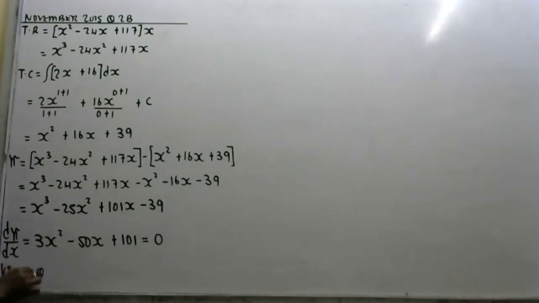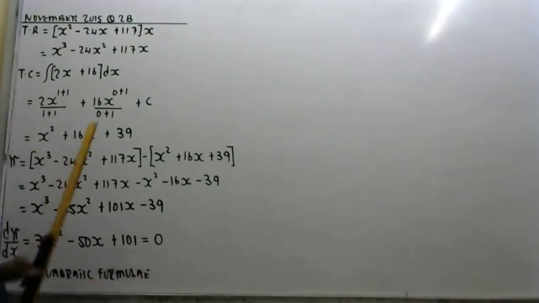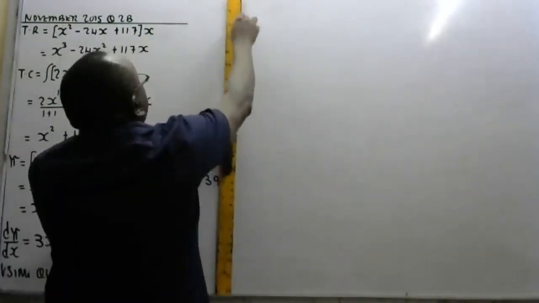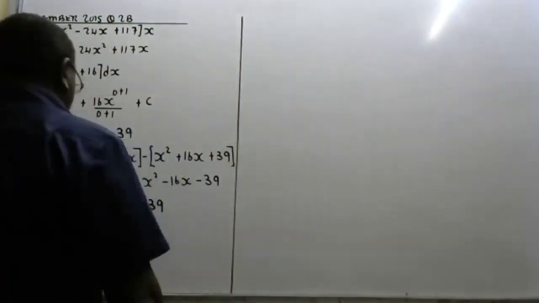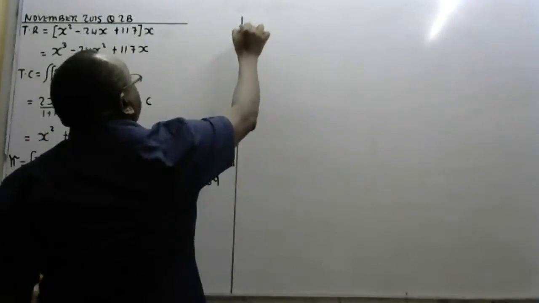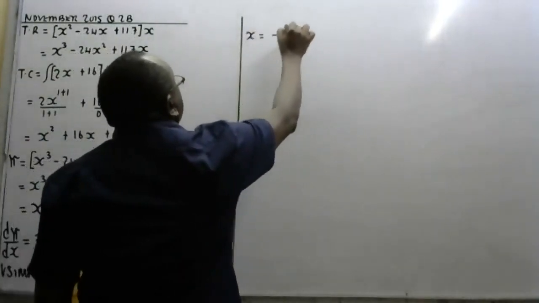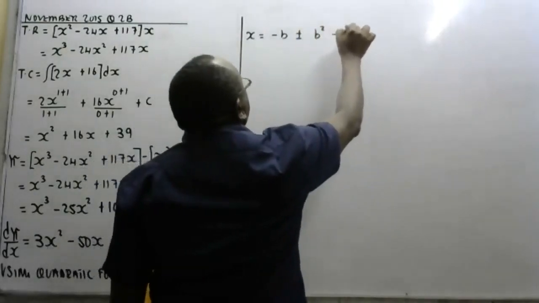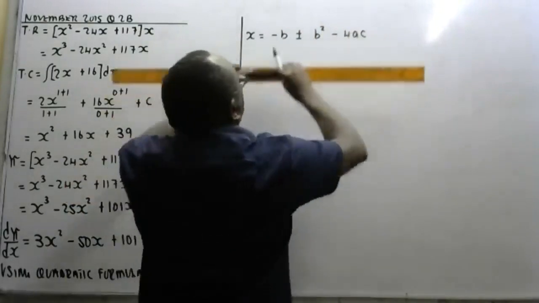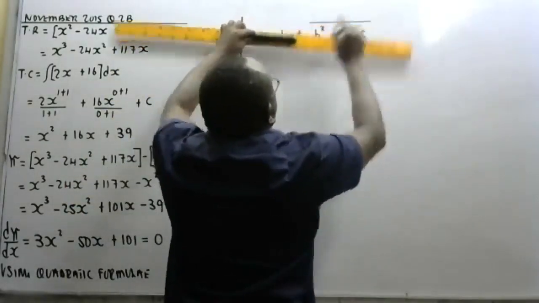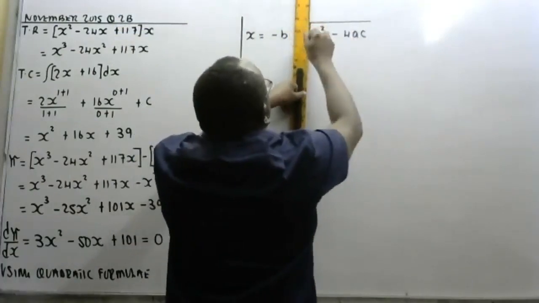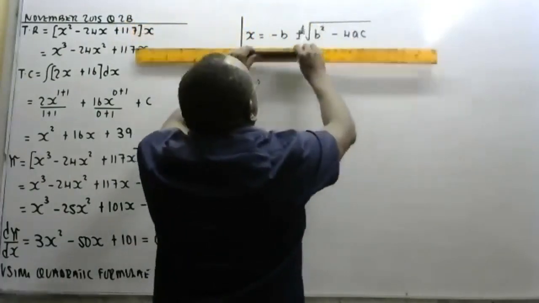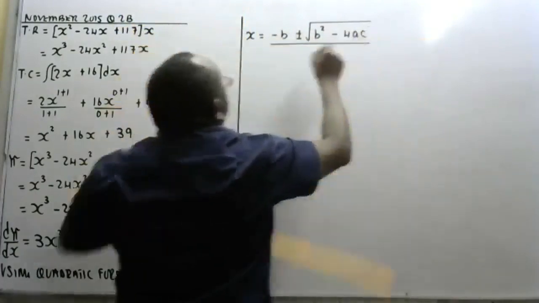Using the quadratic formula, x is equal to minus b plus or minus the square root of b squared minus 4ac, you divide by 2a.